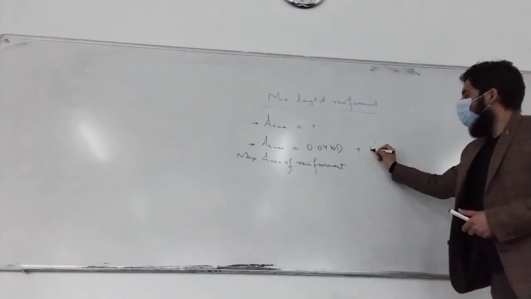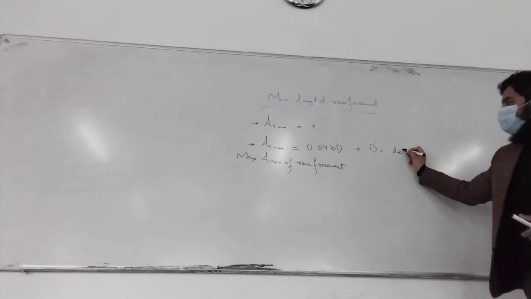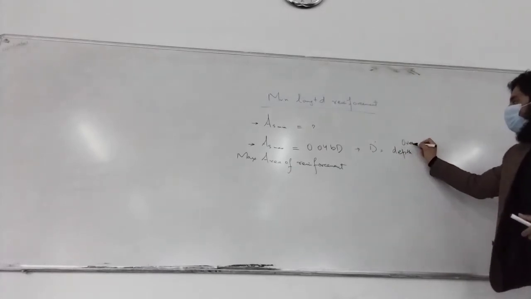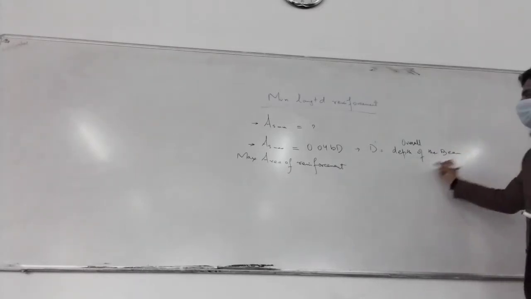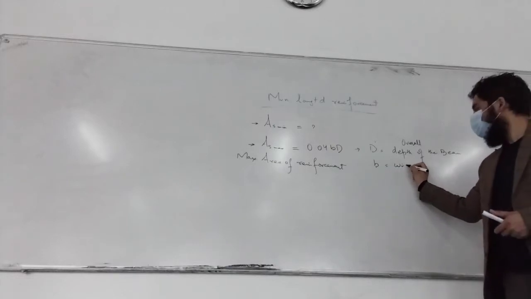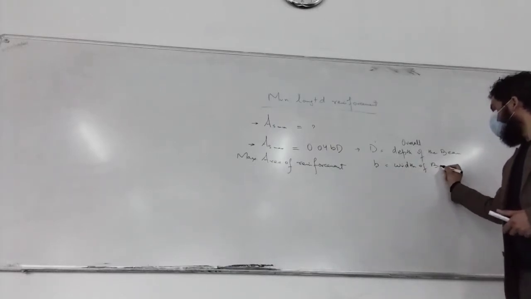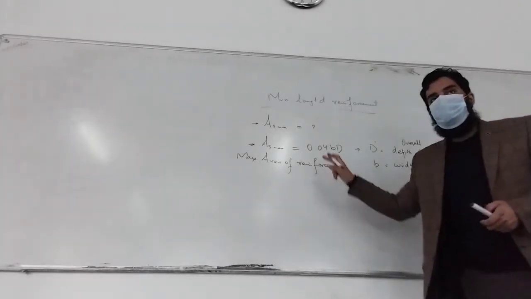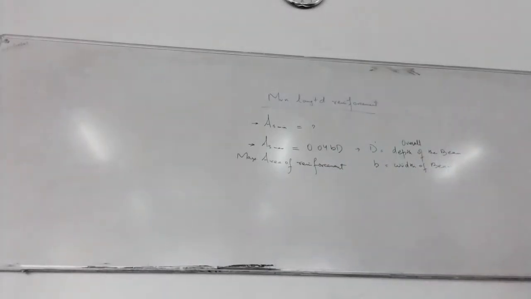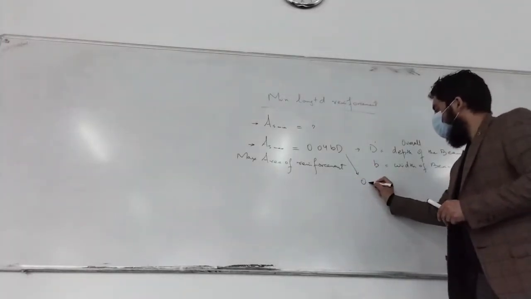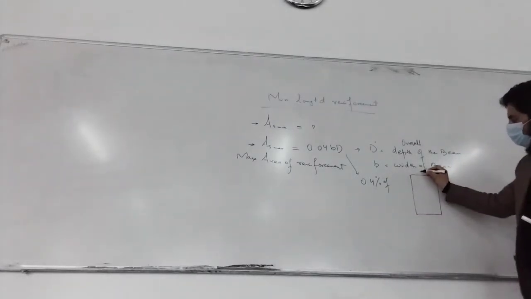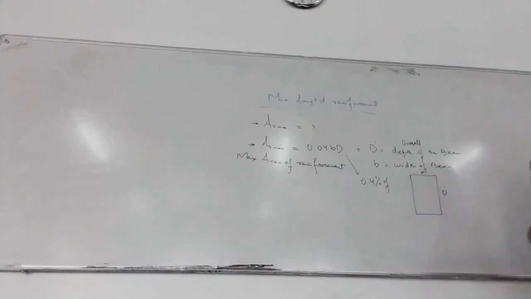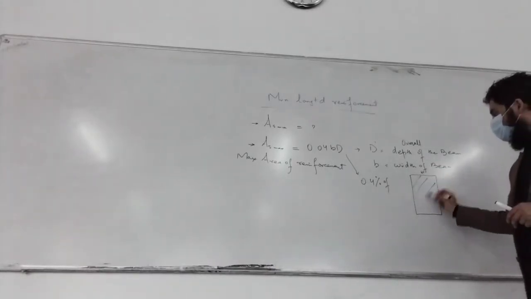Now here D is the overall depth of the beam, and b is the width of the beam. So 0.04 means it's 0.4% of, what is bD? The cross-sectional area of the beam.